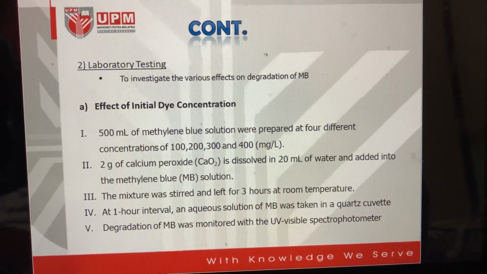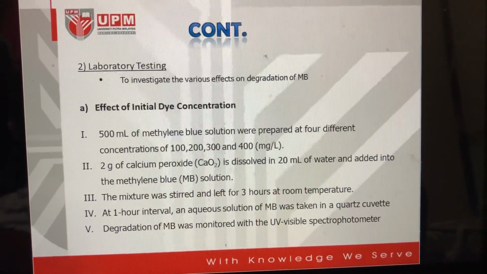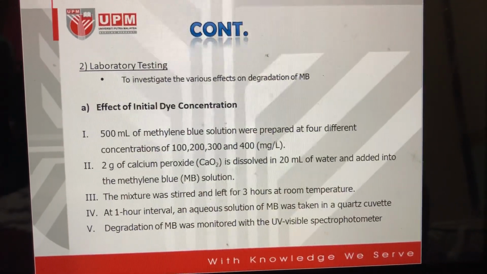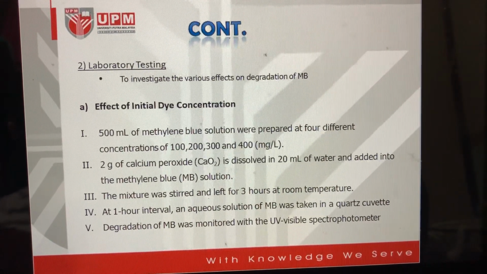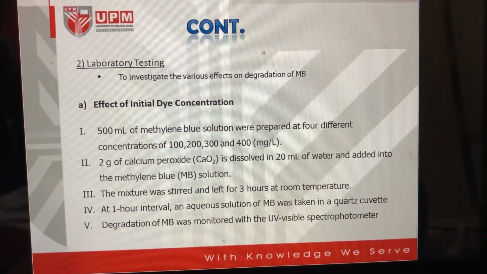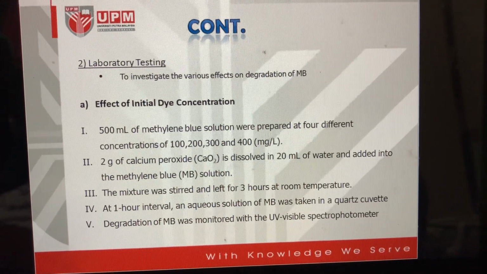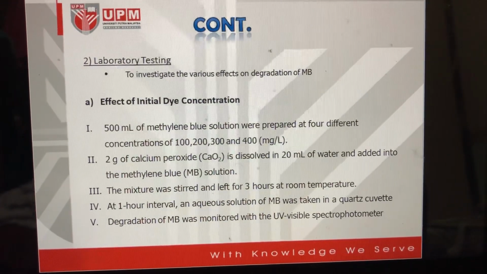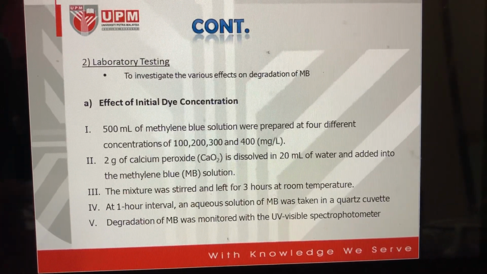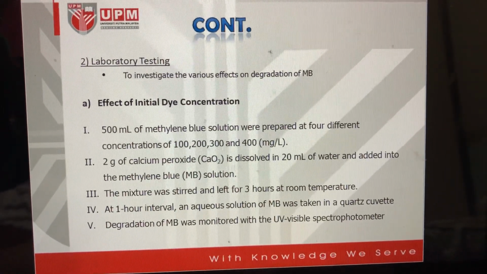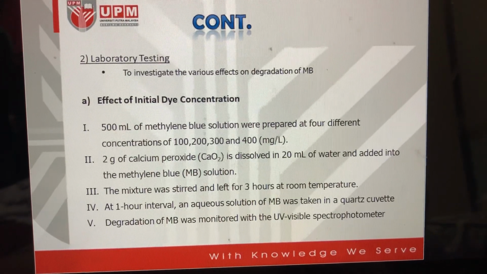Next, 2 gram of calcium peroxide is dissolved in 20 milliliter of water and added into the methylene blue solution. The mixture was stirred and left for 3 hours at room temperature. At 1 hour intervals, an aqueous solution of methylene blue was taken in a cuvette, and the degradation of methylene blue was monitored under the UV-visible spectrophotometer.